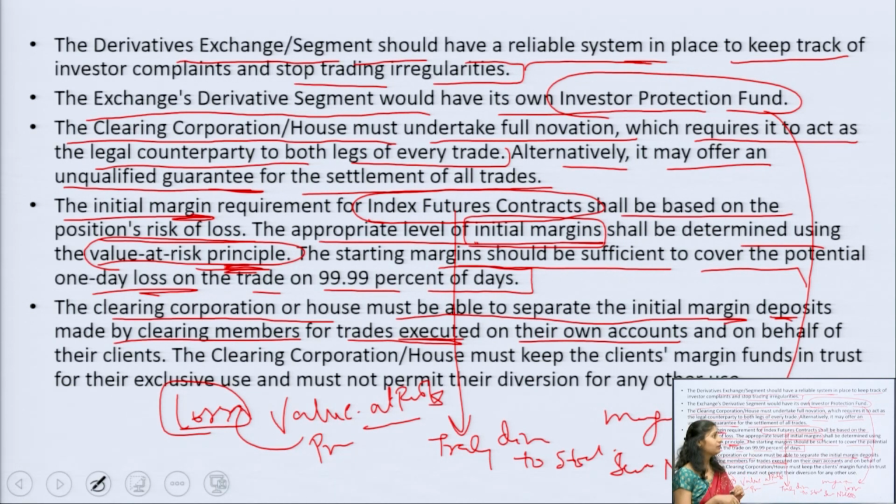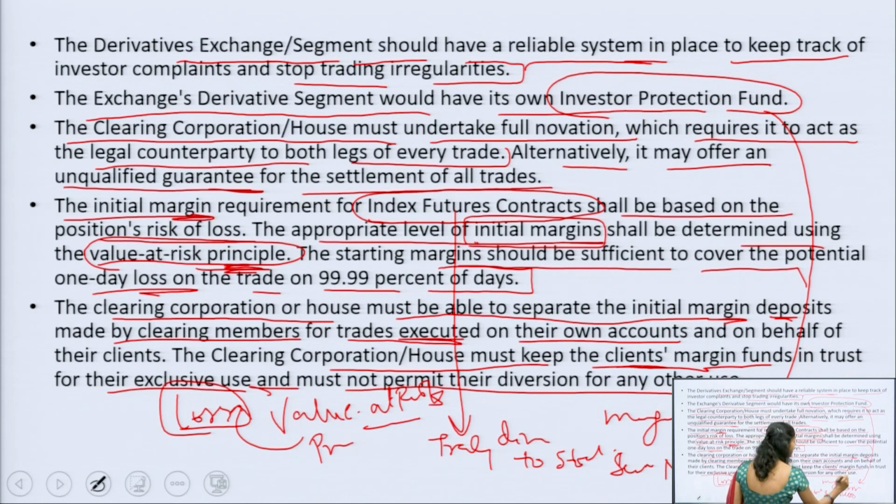In that case, the clearing house must keep that particular client's margin funds in trust for their exclusive use and must not permit their diversion for any other use.